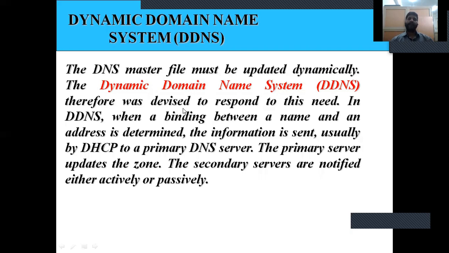Therefore, for the device to respond to these needs, in DDNS, when a binding between a name and an address is determined, the information is sent, usually by DHCP, Dynamic Host Configuration Protocol, to the primary DNS server. This primary server updates the zone. The secondary servers are notified either actively or passively. This is the definition of DDNS.